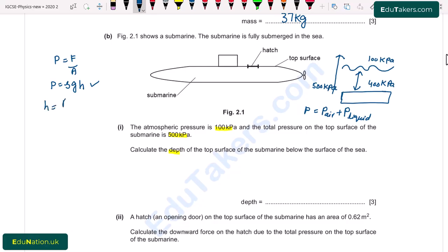Height comes to be P over rho g. Pressure is 400 and kilo means 1000 divided by density is 1020 multiplied by the value of g is 10. So after calculation the height comes to be 39 meter. So the depth will be equal to 39 meters.